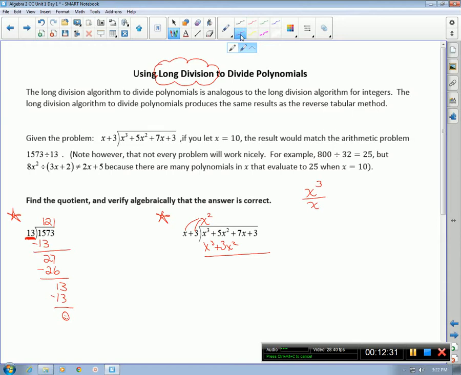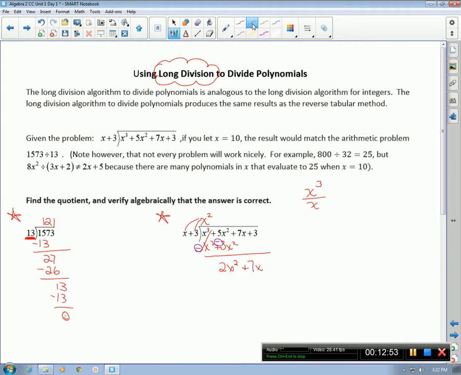So I'm going to show that I'm subtracting by changing all my signs in the polynomial. And I circle them as well, so that I remember I changed them. Because now I can just add down. I'm going to add down, and I'm going to bring down one term. That's all I need.